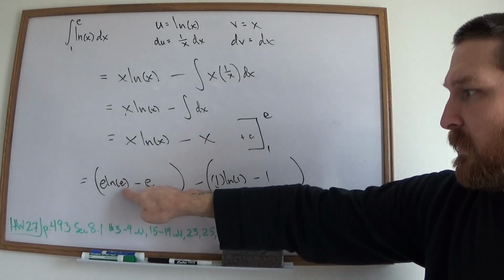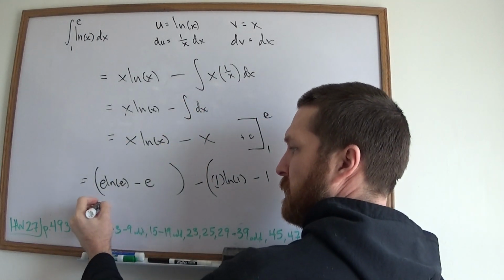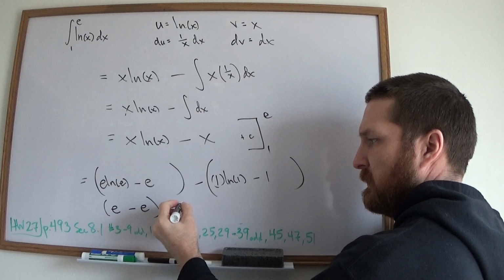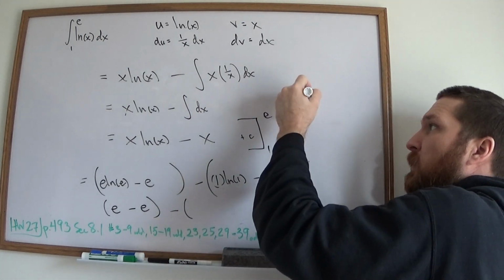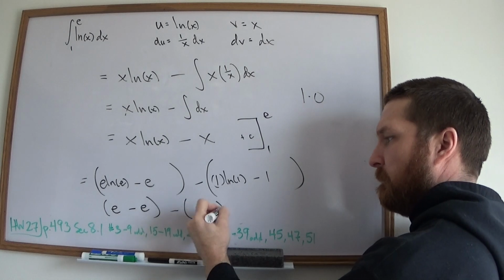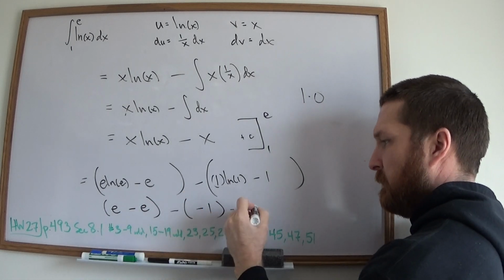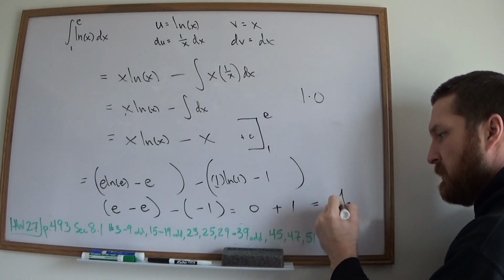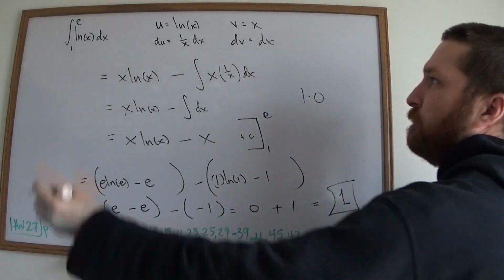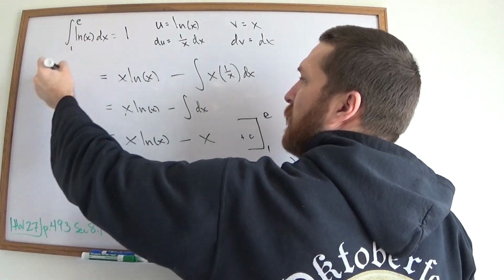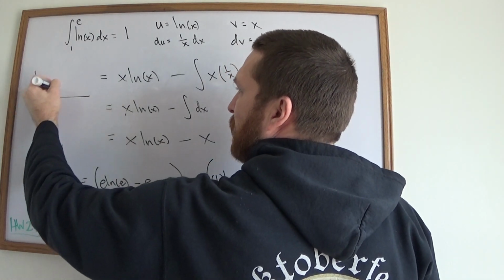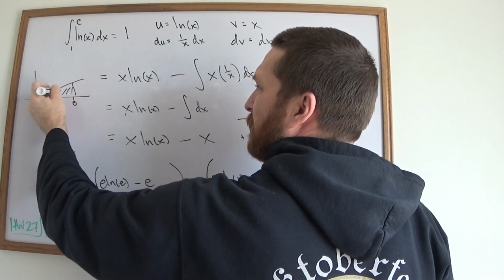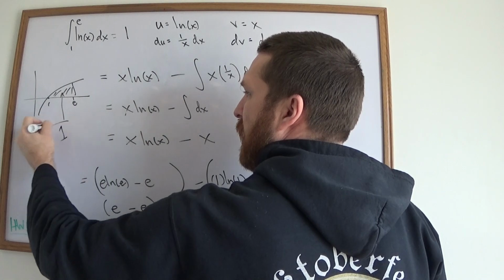Now, log e is just 1. So this is e times 1 minus e. And log 1 is 0, so that's 1 times 0, that's just 0 minus 1 right there. e minus e is 0. Minus negative 1 is plus 1, and so it's 1. So, in other words, the area under the curve of log x from 1 up to e, that area right there is a big fat 1.